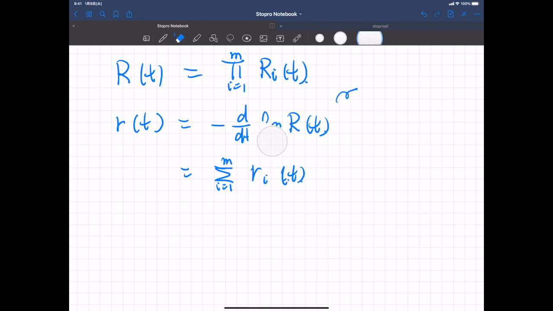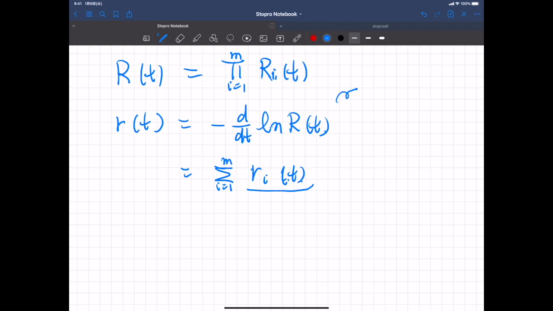So this log of R will be the sum of these individual reliability functions, and then we just differentiate it and we get the individual failure rate functions.